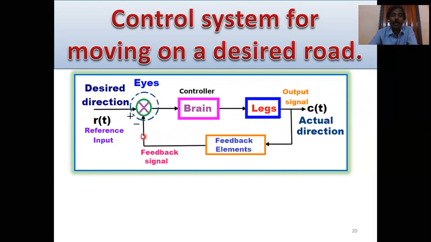When the eye is open, this is called a closed loop system. When the eye is closed, this is called an open loop system, because when the eye is closed, this path is absent. That's why it is called open loop. When the eye is open, it is called closed loop.